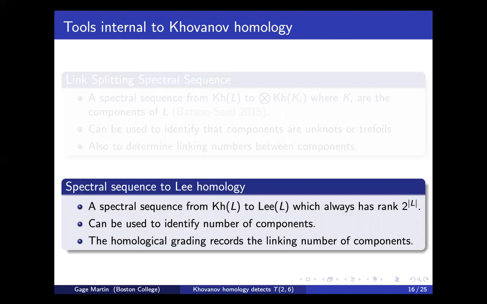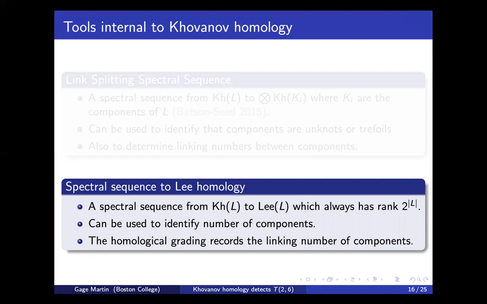And the homological grading on Lie homology also records the linking number between your components. So this is some extra data that you can see from Lie homology and the spectral sequence from Khovanov homology to Lie homology.